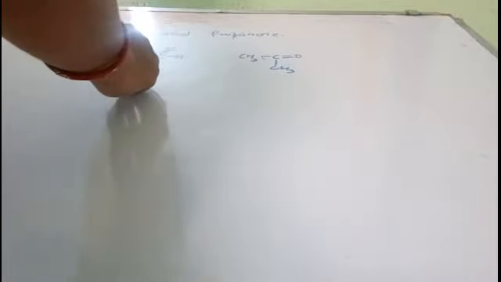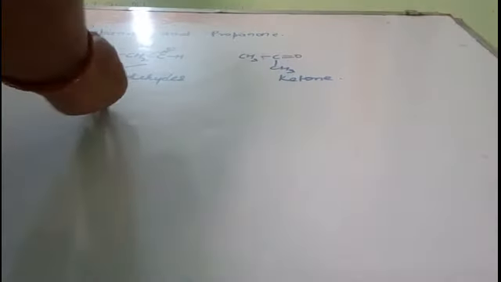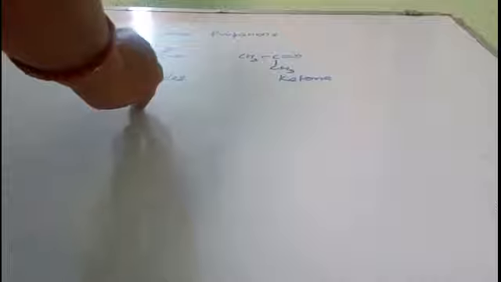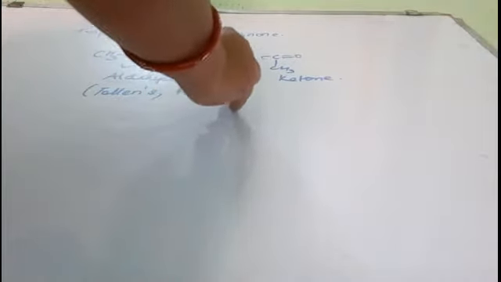So how will you distinguish? Now you know that this one is an aldehyde and this one is a ketone. So aldehydes will respond to Tollens test, Fehling's test, right? Whereas ketones will not respond.